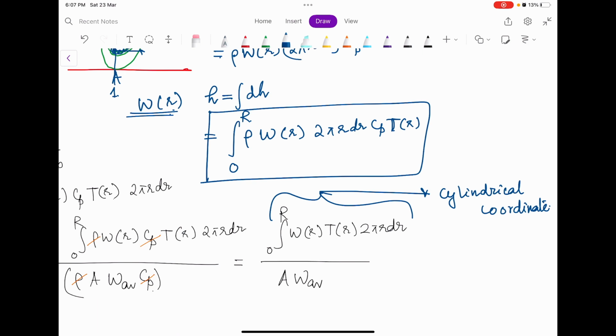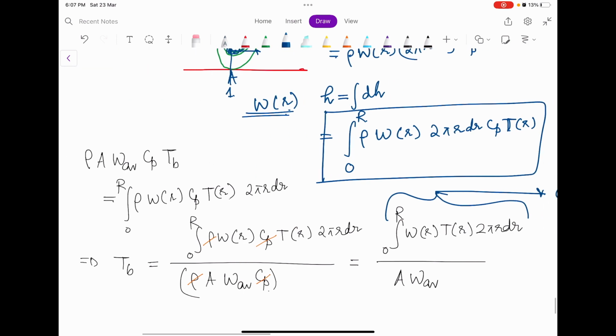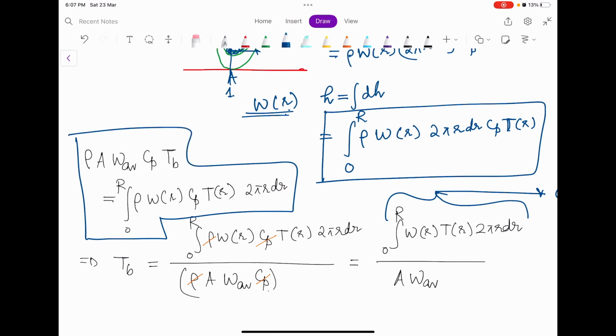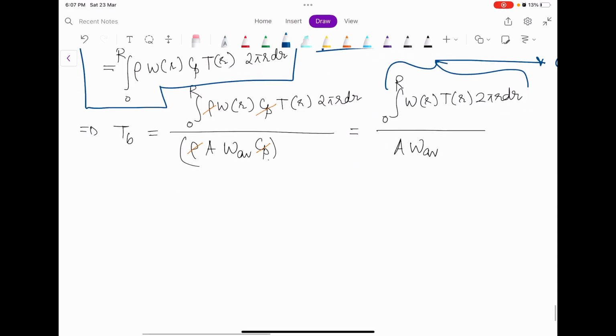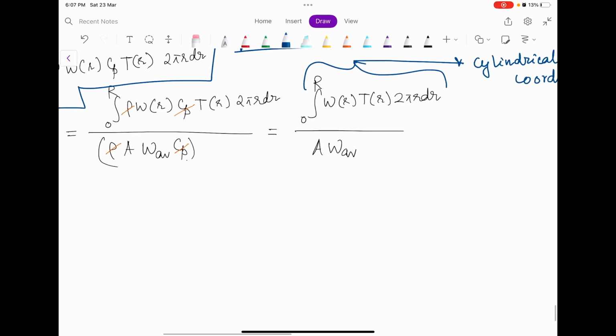Because you know the concept that the bulk mean temperature comes from the total energy passing through any area, I mean any cross section. So here what will be this thing? I will tell you the answer, but your homework will be to figure out how that is so.